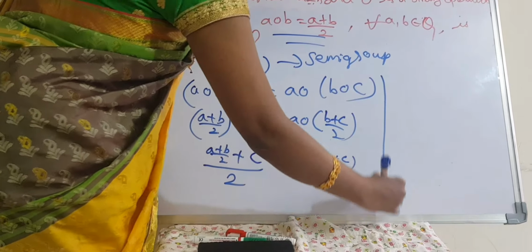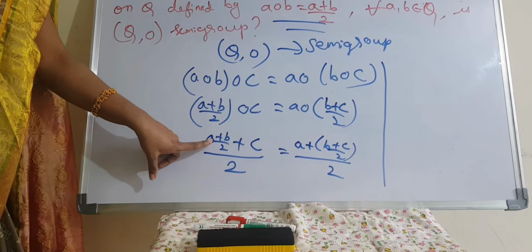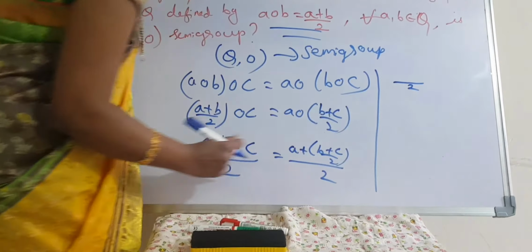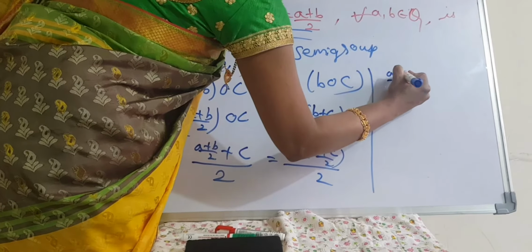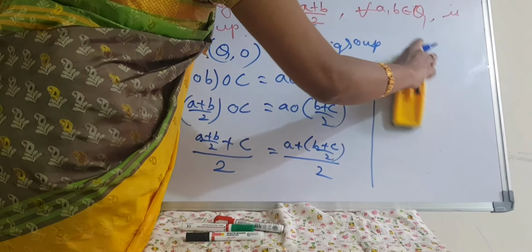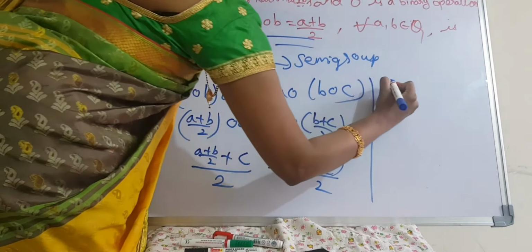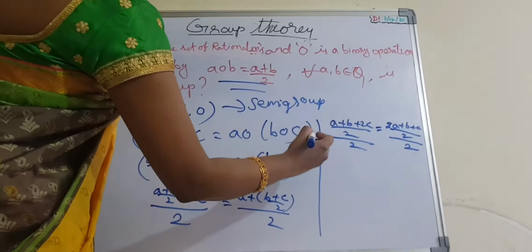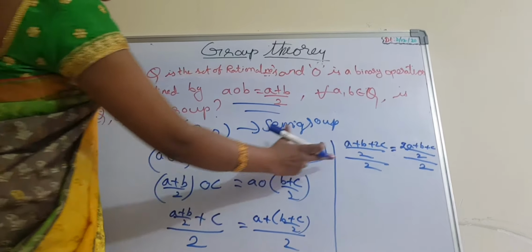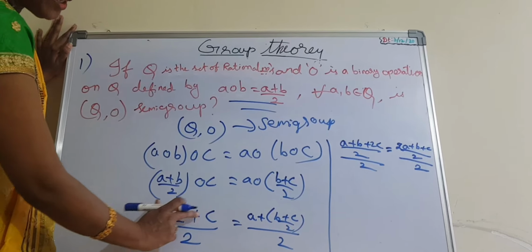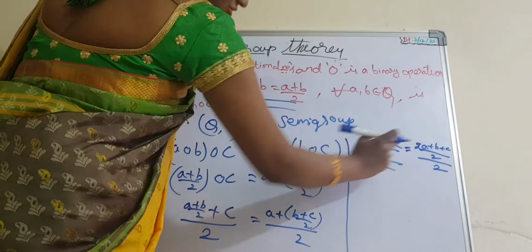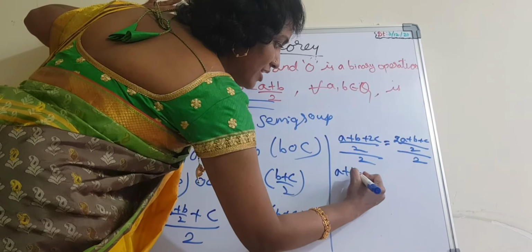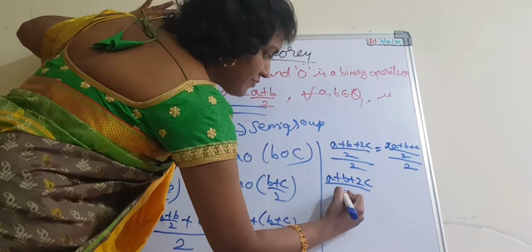We'll see what we get here. We know the LCM. Here LCM we are taking 2. Here 2. (A plus B plus 2C) by 2, and here (2A plus B plus C) by 2. What will we get? (A plus B plus 2C) by 4.